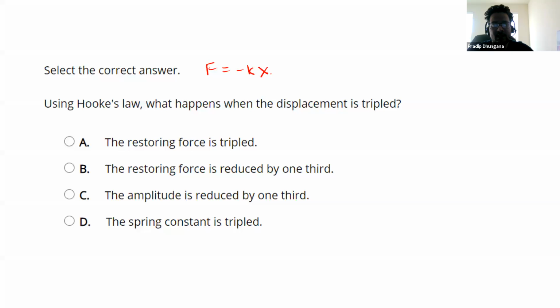That means force is directly proportional to the displacement. Use that information and try to calculate what will happen to the restoring force when displacement is tripled. Let me give you some time to think about it and answer it, and then I'll answer it.